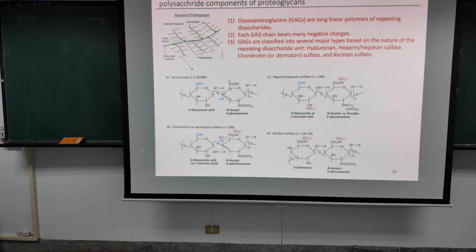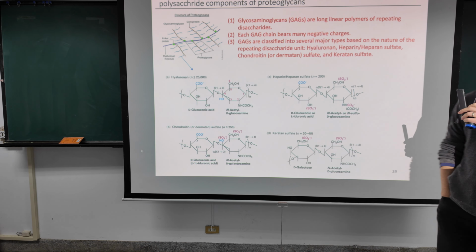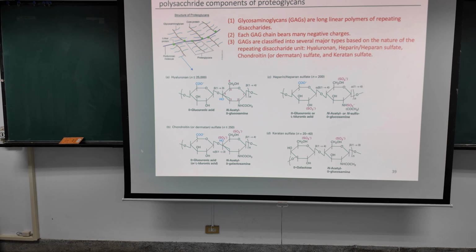Okay, so now we talk about the GAG. GAG stands for glycosaminoglycan, which is a linear polymer of a repeating disaccharide, two sugars. So it will be repeating these two sugars.